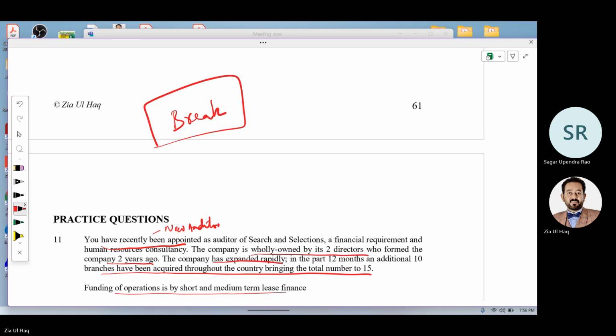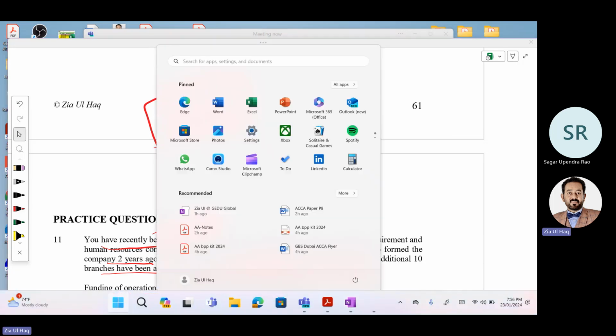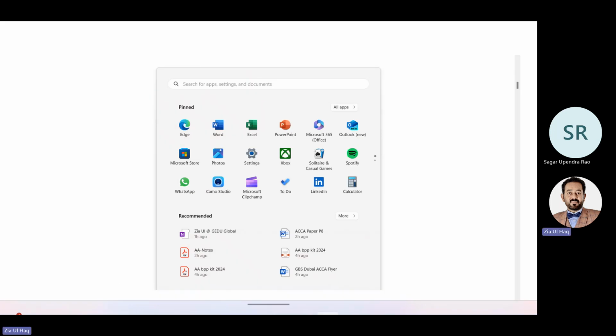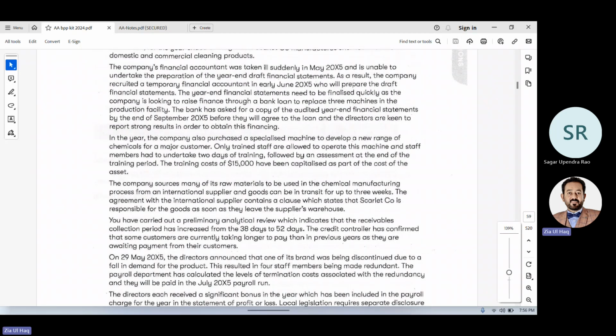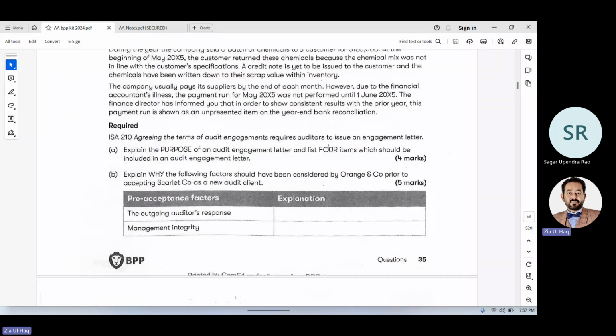Okay, let's discuss some questions on audit risk from the Kit. Question 73. There are different requirements.